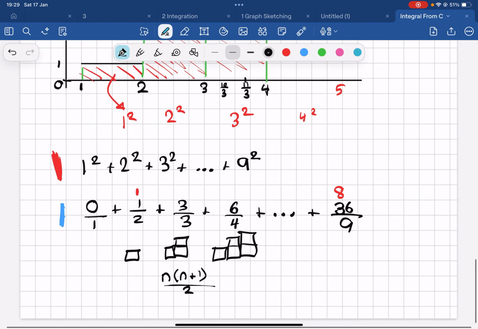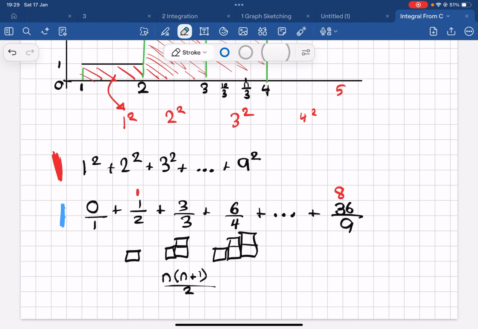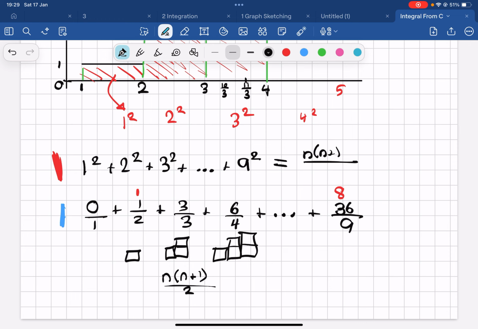Now we need to evaluate these two areas. For our red area, we've just got the sum of squares, and that formula is as follows: n times n plus 1 times 2n plus 1 over 6, and our n here is 9.